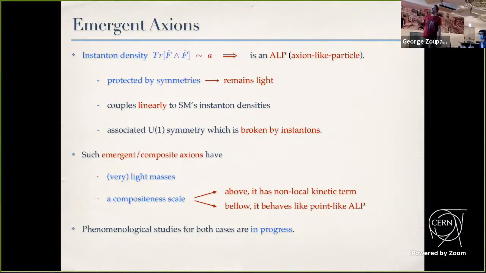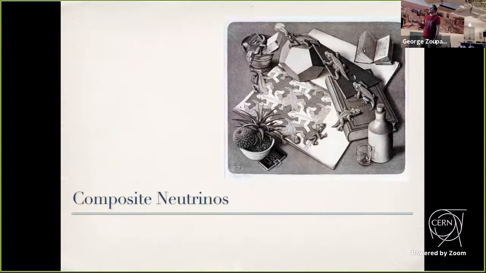Again, they are very light, and they have a composite scale: above this they have non-local kinetic terms, and below they behave like the usual axion-like particles. It's an interesting story to study and to go on with in phenomenological studies.